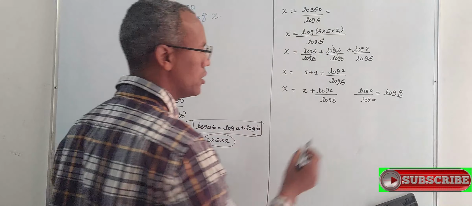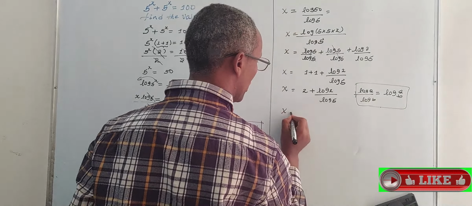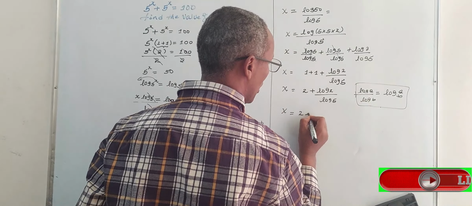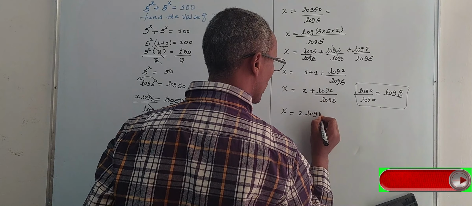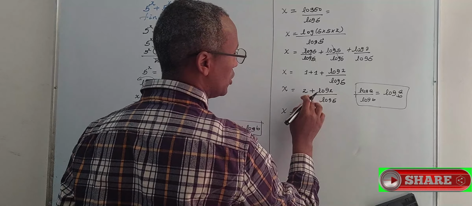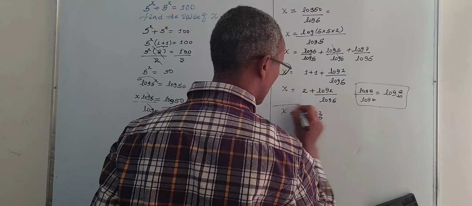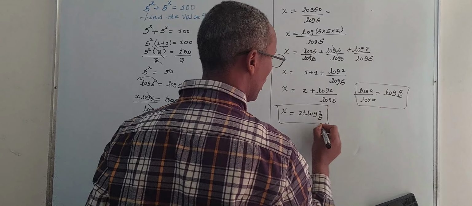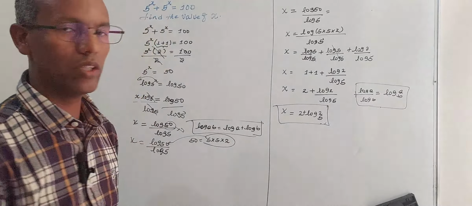That is what you can get. You can apply this rule over here. Now, what you can get is x equal to 2 plus log base 5 of 2. That is our final answer for this exponential equation.